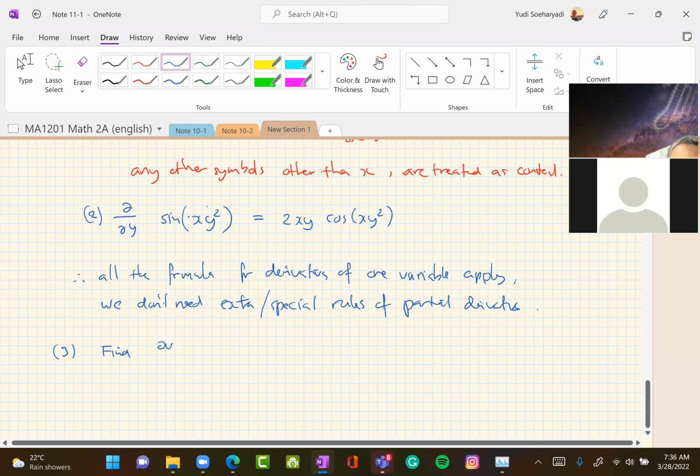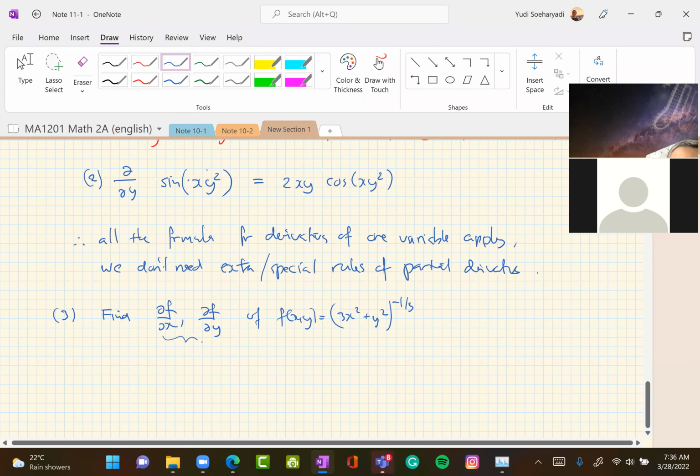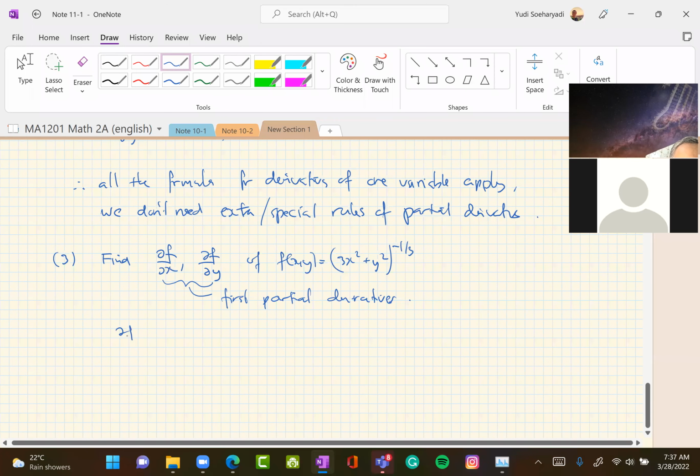Find the first partial derivative of this function, 3x squared plus y squared to the power of negative 1/3. This is called the first partial derivative. Okay, so let's see.